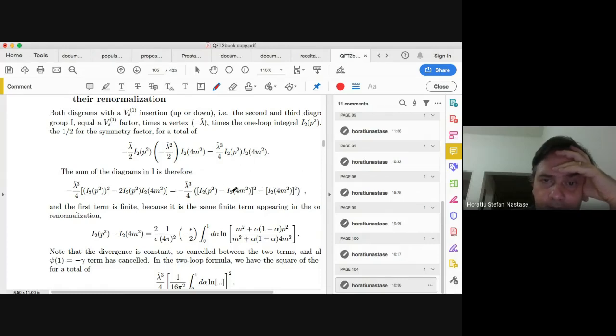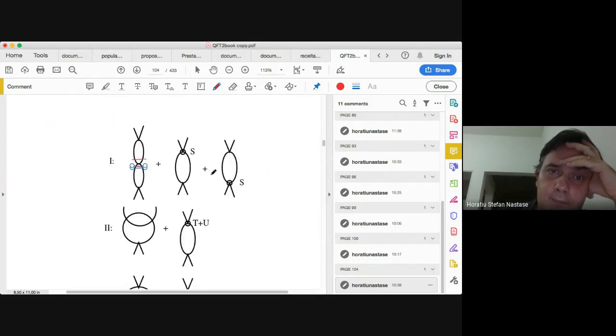Yeah, so I've rewritten them. Sorry, I've rewritten them like this. So minus 2. These two Feynman diagrams are equal, right?